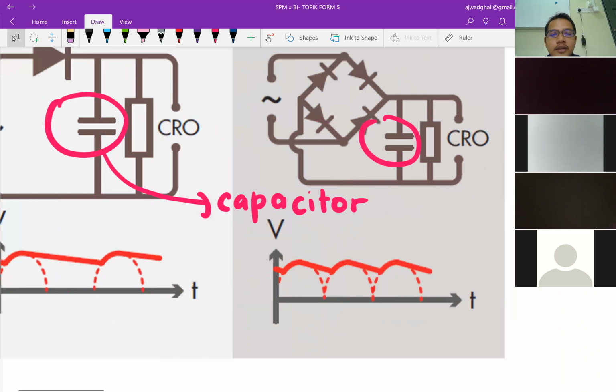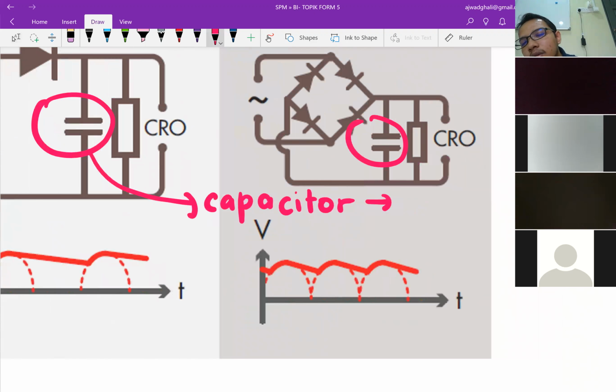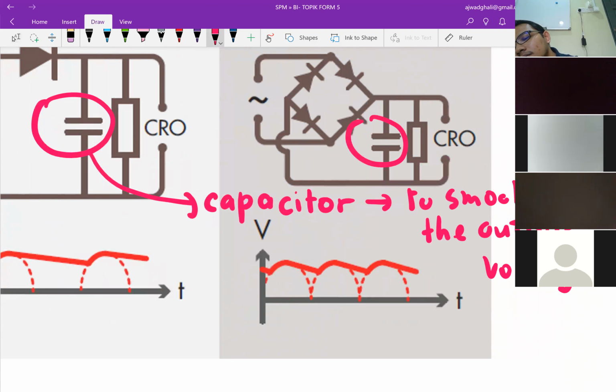So what is the function of a capacitor? To smoothen the output voltage or output current.